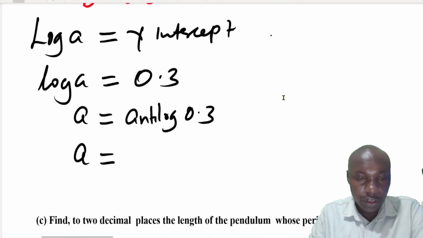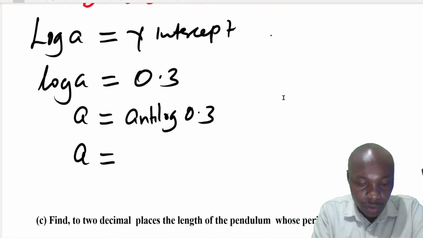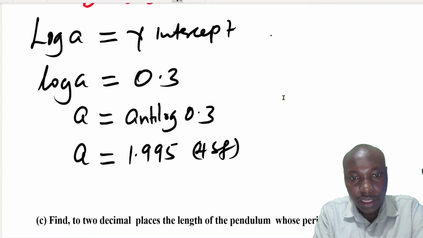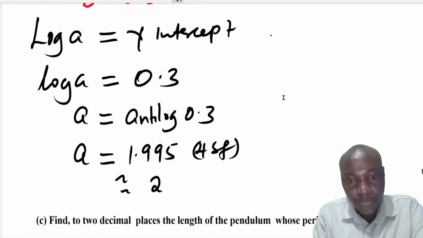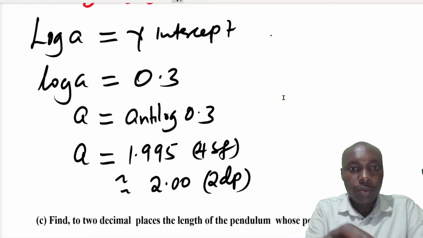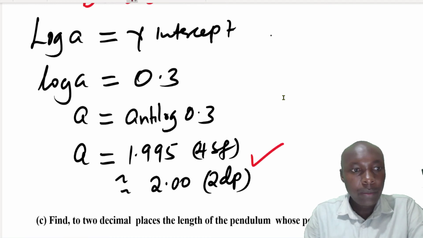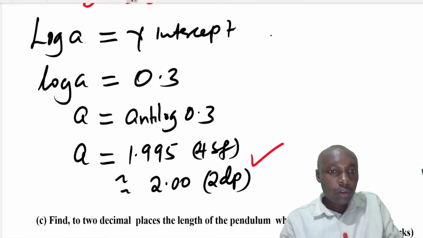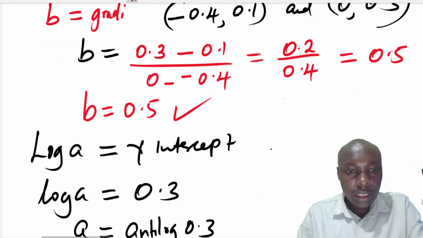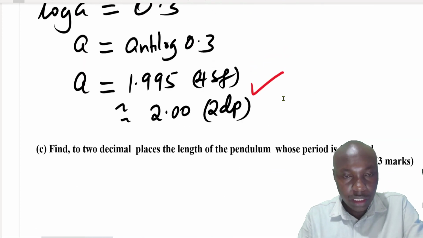So you get 1.995, that is 4 significant figures, and approximately 2.00 to 2 decimal places. So we've been able to identify the value of A and the value of B as well. B is the gradient and A is the y-intercept.